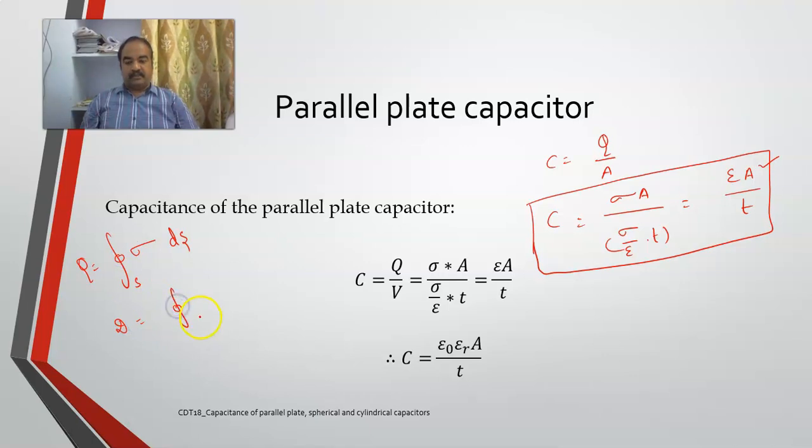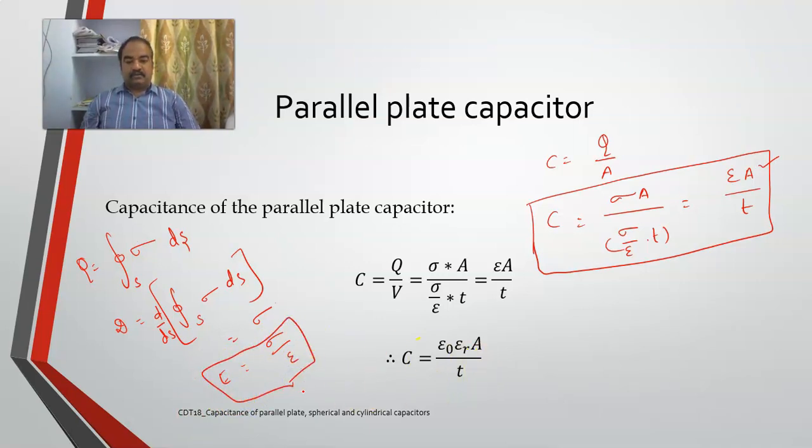My D also will be epsilon E, right? Whereas my E will be this one, so V will be minus integral E dot dl. Yeah, this is my V.